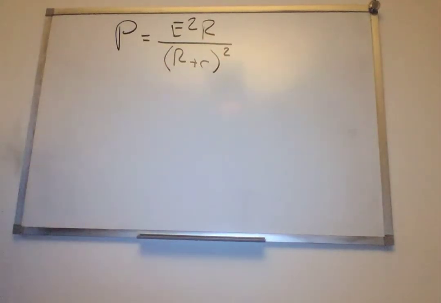Okay? So it says if E and little r are fixed, but big R varies, what is the maximum value of the power?